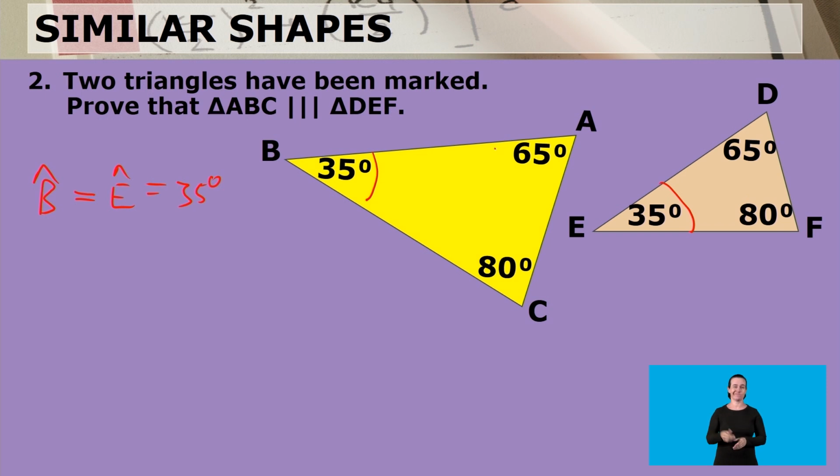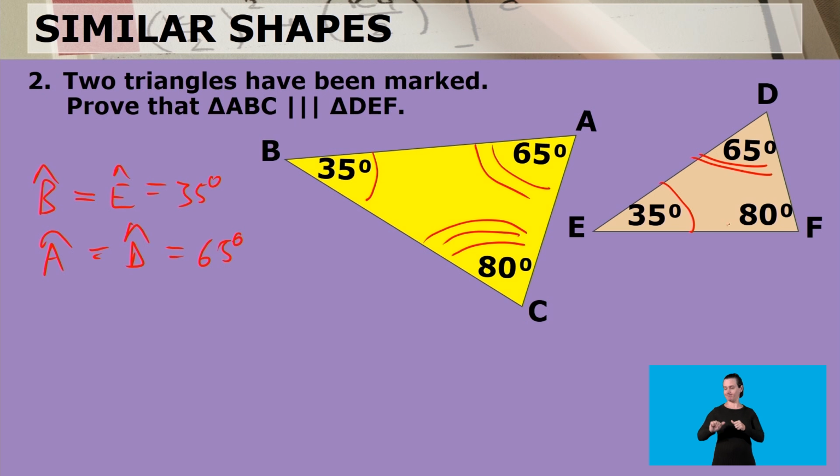And then the next one is angle 65 and 65, which is angle A equals angle D, which equals 65 degrees. And we notice again that there is angle 80 degrees and angle 80 degrees. So we say angle C equals angle F, which equals 80 degrees. And then we say because the angles are equal, therefore triangle ABC is similar to triangle DEF.